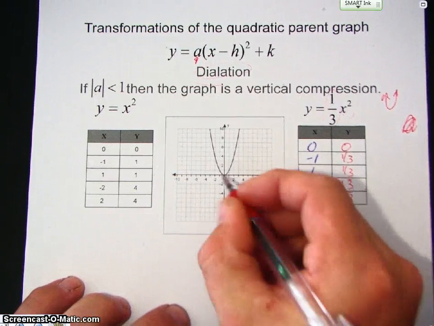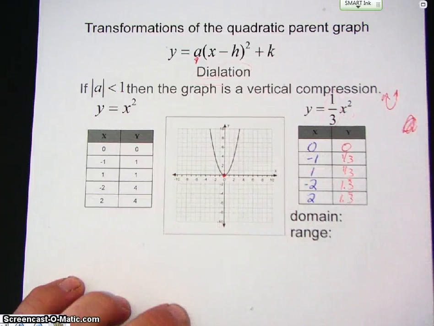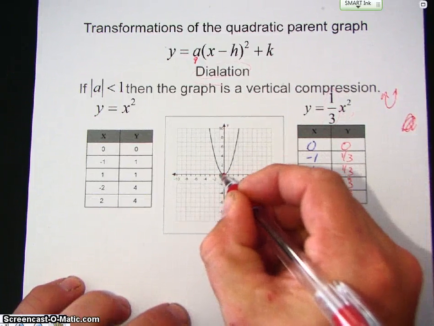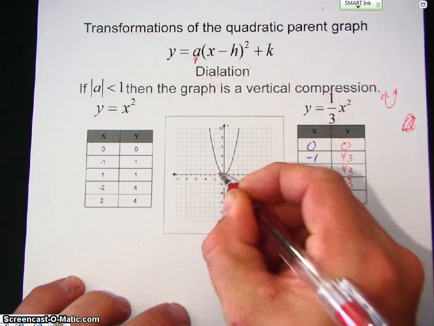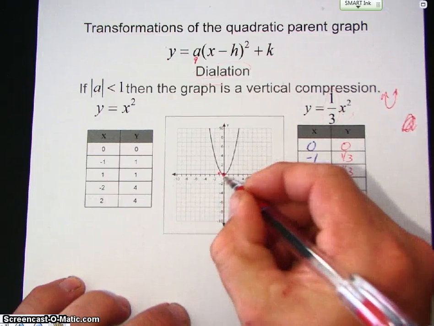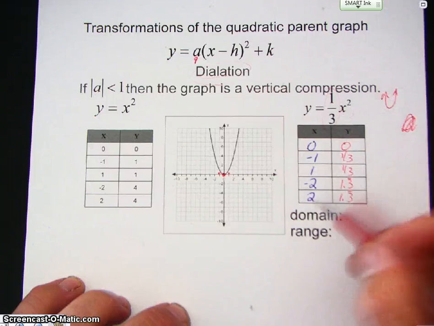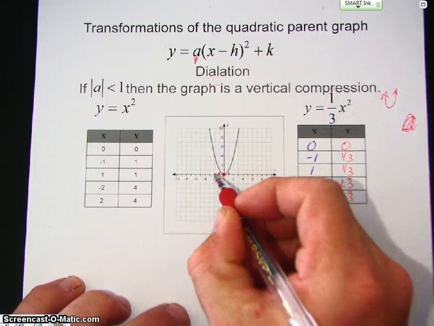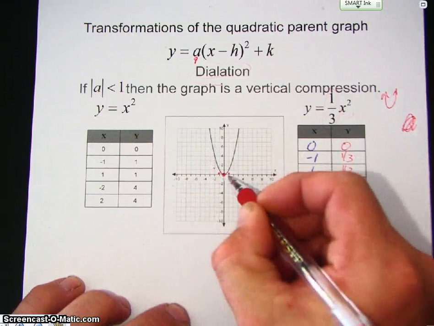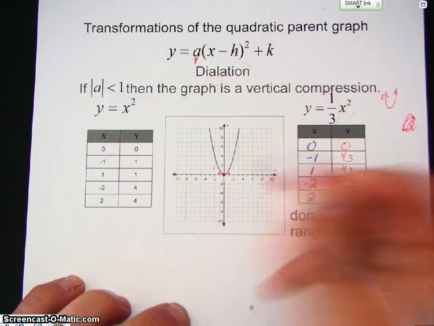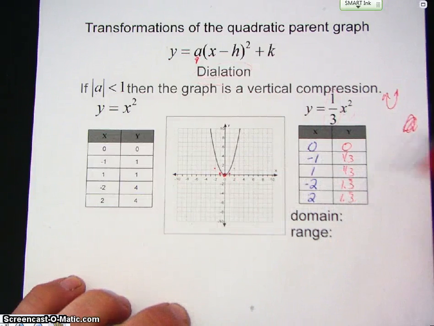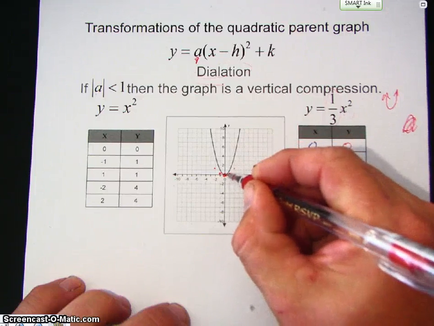So 0, 0, the origin or the vertex stays the same. This time I'm going negative 1, but I don't go up very far. And positive 1, same thing. Negative 2, I just go a little bit past 1, and positive 2, just a little bit past 1. That's the reason I put these in decimals, so I can approximate a little bit better.